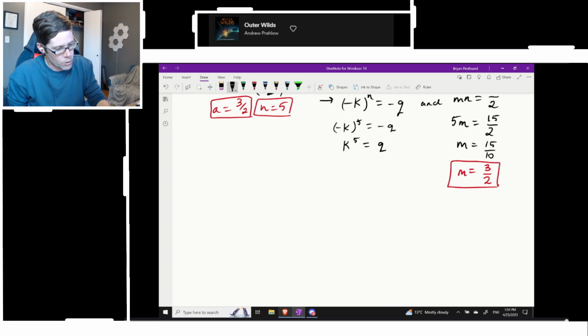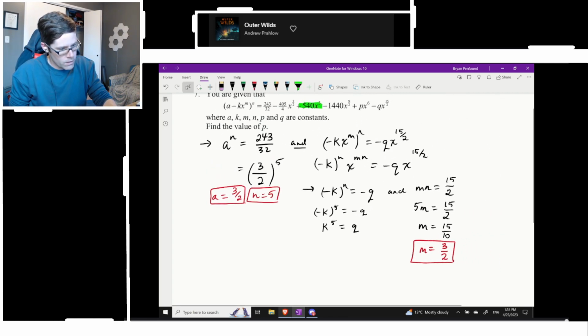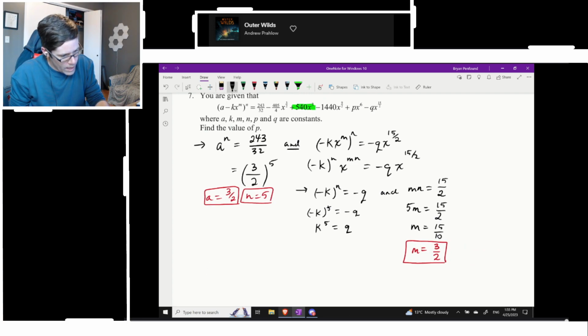Let's see if I can write it out properly here. So what do we have here? We know a is 3 halves. We don't know k. x to the 3 halves, n is 5. Okay, and all of this should be equal to the sum, oh, they've used k again.